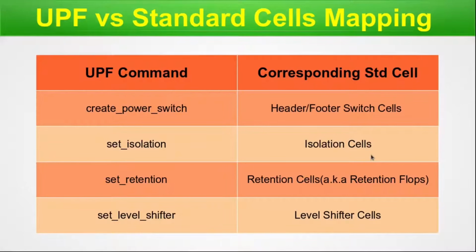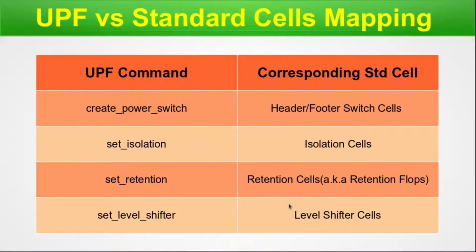So the next command is set retention. It calls the retention cells, also known as retention flops, from your standard cell distribution. The next command is set level shifter. This calls level shifter cells from the standard cell package.